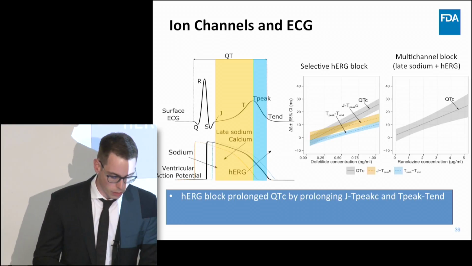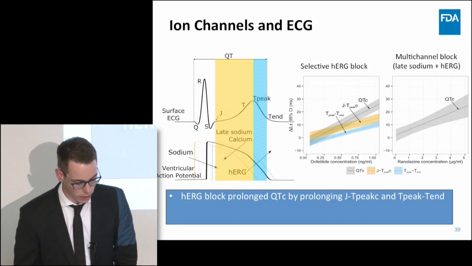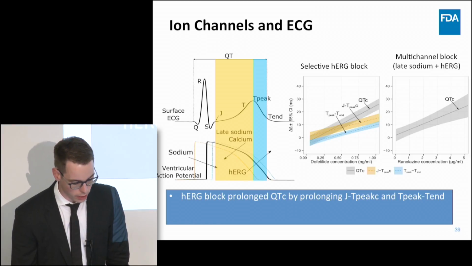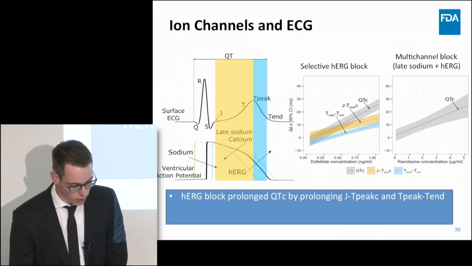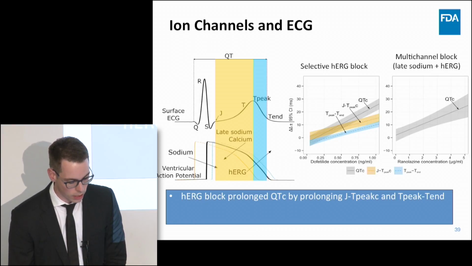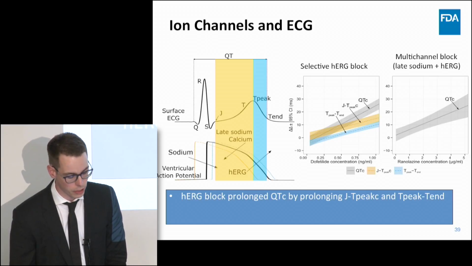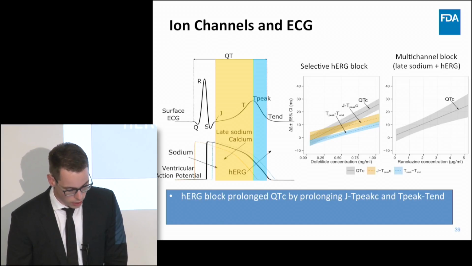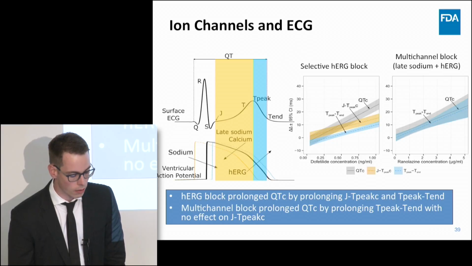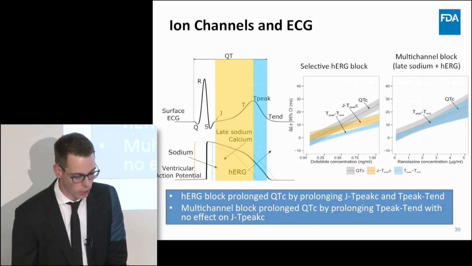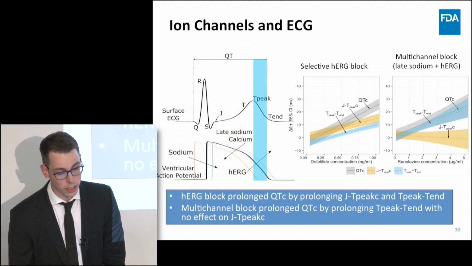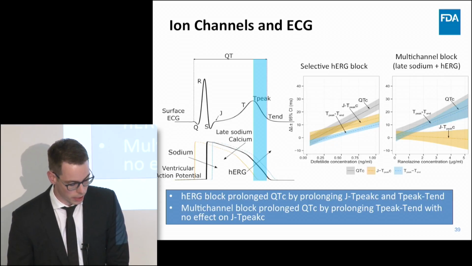Now, when we compare that to the right of a multi-channel blocker, ranolazine with ranolazine concentration again on the x-axis, that blocks late sodium as well as hERG potassium current, we see that there's QTc prolongation. However, that's now mainly made up by T peak to T end prolongation, while there's no change in the J to T peak interval.